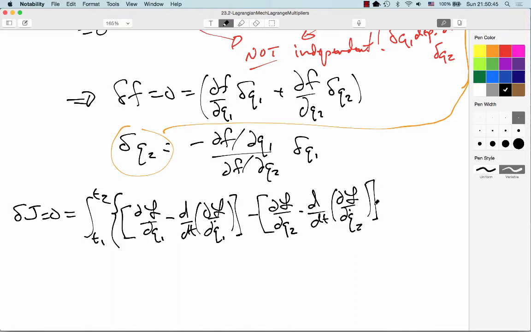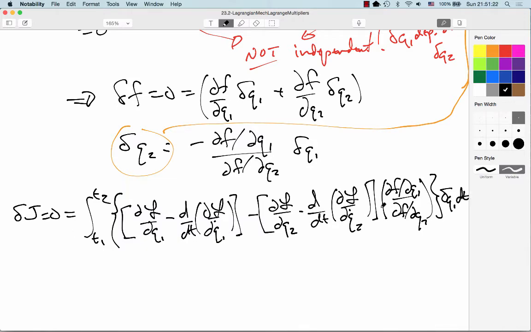And then we have to multiply that, because I want this all being multiplied by the variation in q1, so I need this fudge factor. The plus has already become a minus sign from that fudge factor. And then I need to multiply by partial f partial q1 over partial f partial q2, times the variation in q1, dt.